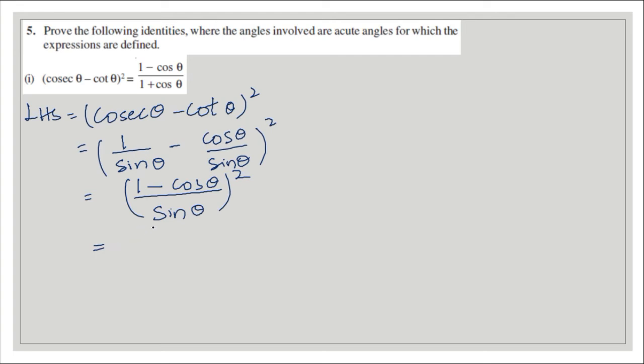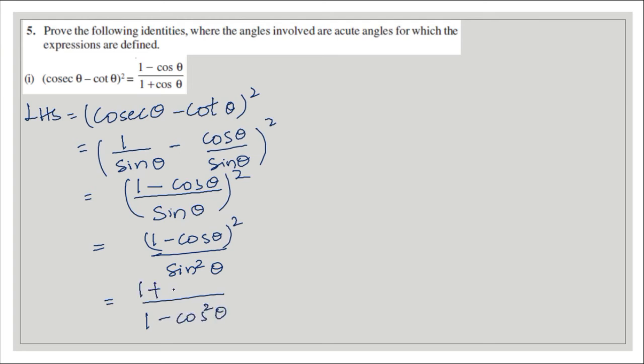This is same as 1 minus cos theta whole square divided by sine square theta. Sine square theta is 1 minus cos square theta.